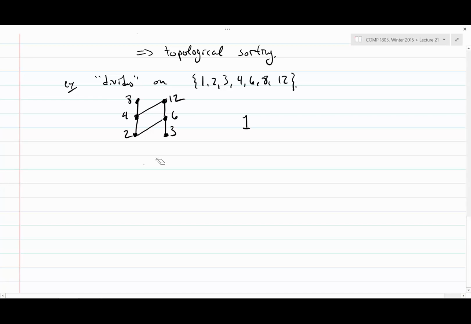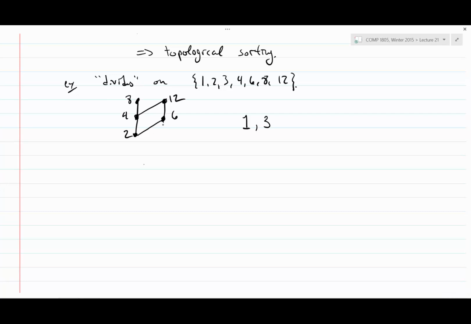So what are the minimal elements in this Hasse diagram? 2 and 3. So at this point, I can take either one of them. You can take any minimal element you like. So let's take 3. So now I remove 3 and everything leaving 3, all the edges leaving 3. And now I'm left with a new Hasse diagram.